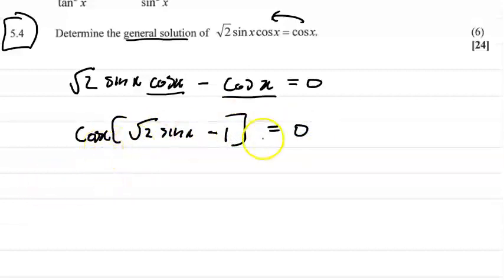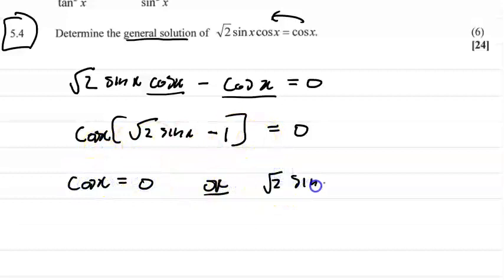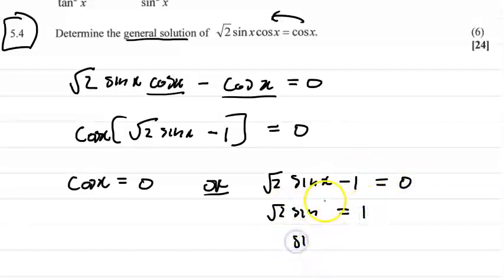We are left with cos x equals 0, or the square root of 2 times sine x minus 1 equals 0. Let's solve this one now. Root 2 sine x equals 1, and therefore sine x is equal to 1 over root 2.